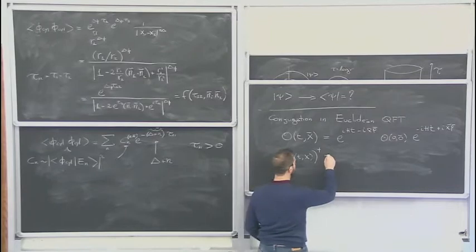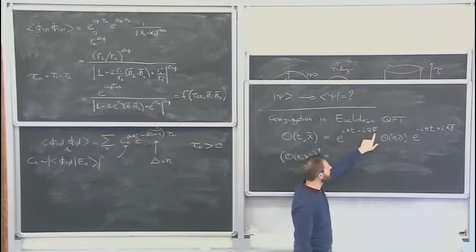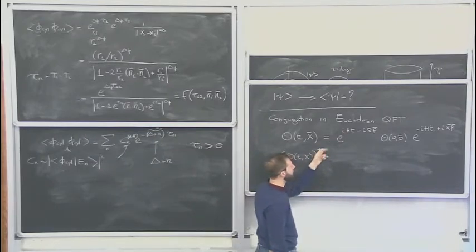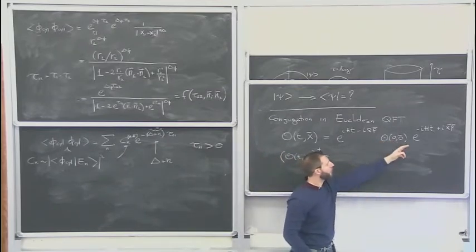Well, because all the generators are Hermitian, and because you have i's in front, when you do complex conjugation you pick up a minus sign, but you also have to reverse the order of operators.